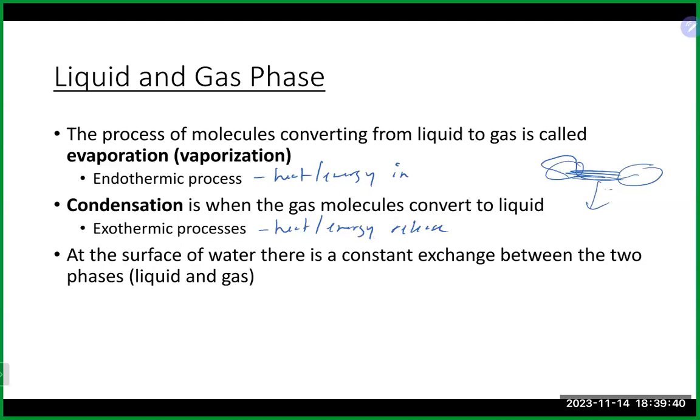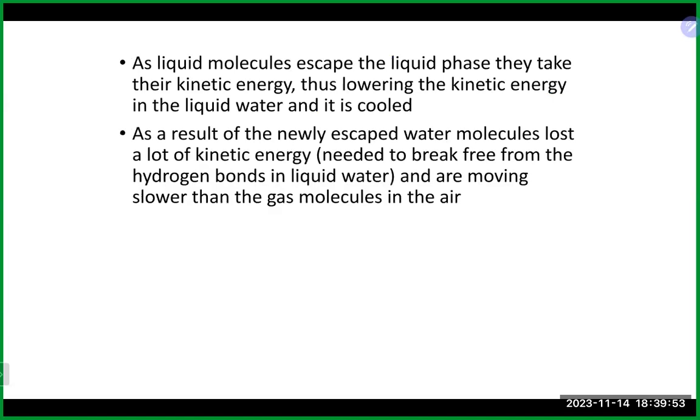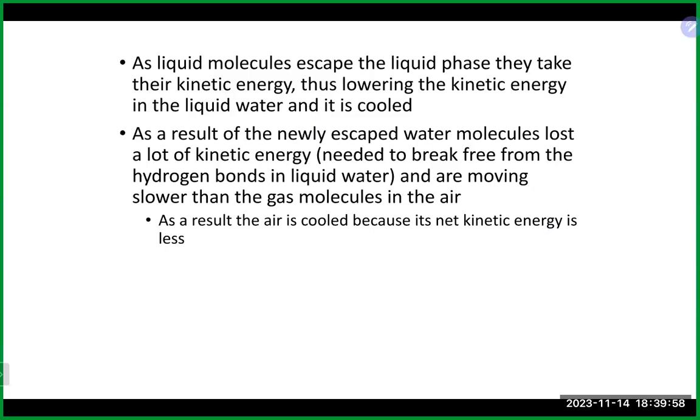So as I mentioned before, at the surface of water, there's a constant sort of exchange of things going out into the gas phase and things coming back into the liquid phase. So when we have molecules that escape the liquid phase, they take a lot of energy with them.